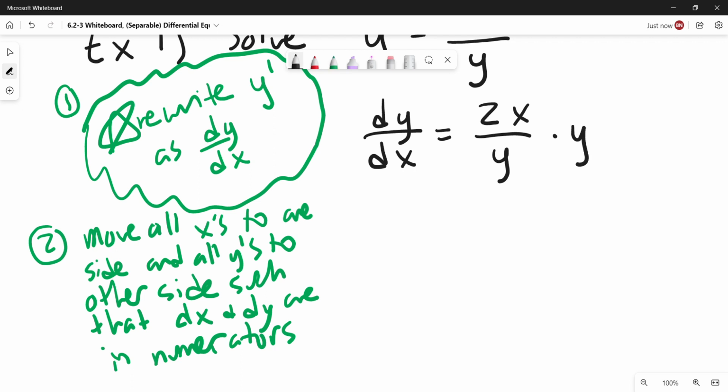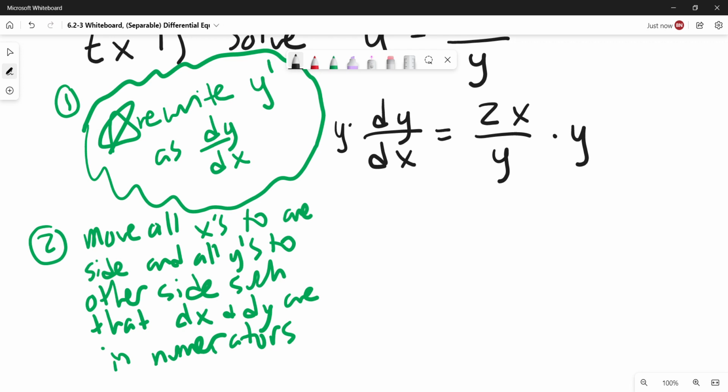In this case, we're going to have to multiply both sides by y, right? And also multiply both sides by dx. Now the 2 could be on either side. You can either make it a 1/2 on the left side or a 2 on the right side. My suggestion would be to move any constants over to favor the x side, because you're going to want to eventually isolate the y.